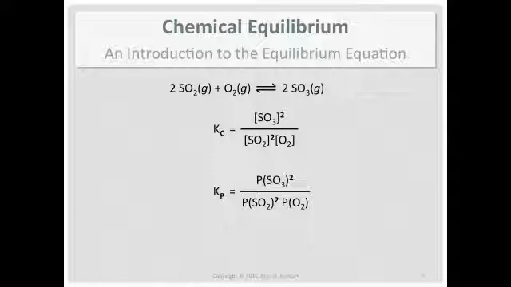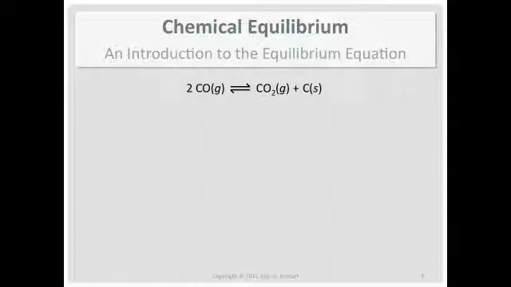Oh, and as far as the units, if you think about what we did earlier, the value for Kc for that reaction was on average 216, no units. No units are used in the equilibrium constant. They're factored out. Let's write another one out.